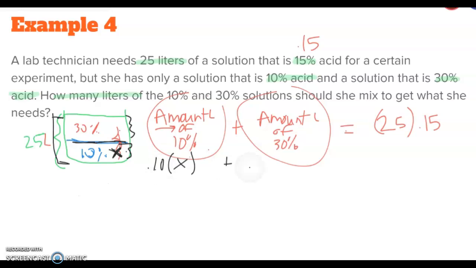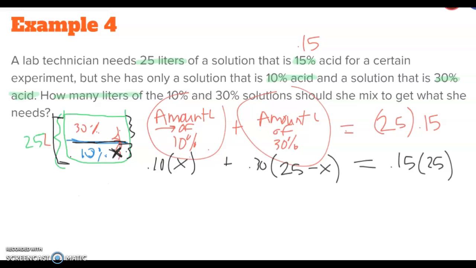I'm going to have my 30% solution, and the amount I have of it will be the total 25 minus however much x, and that should equal the 0.15 times 25 liters.